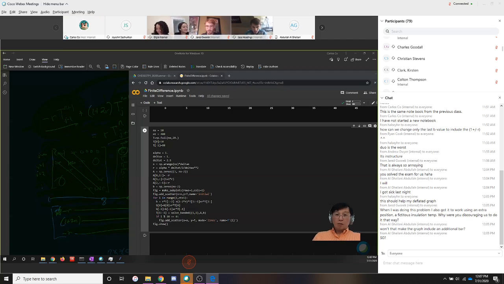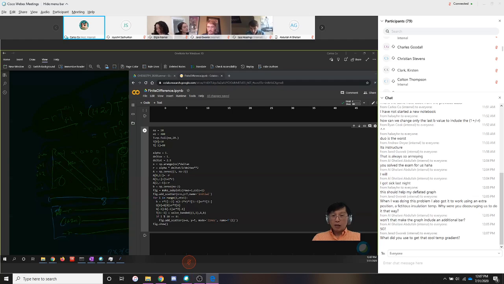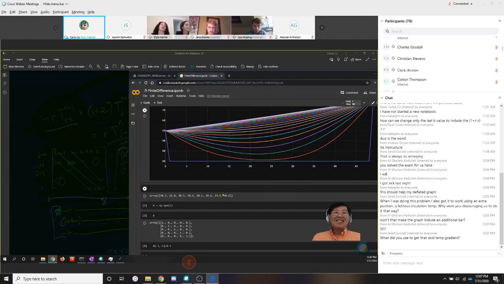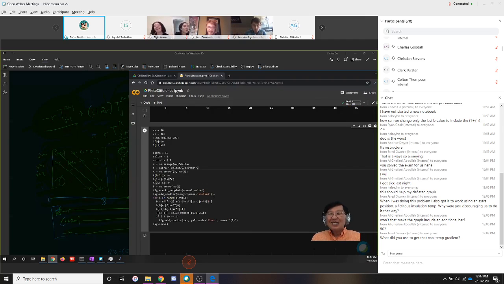Okay. So if there are no more questions, I sure hope you guys will try to get that cool temperature gradient. What did I do? So what happens is, I think Jared is into the M&Ms now. One thing you could do here is that when you add the scatter, you can go comma, and set the color, right?